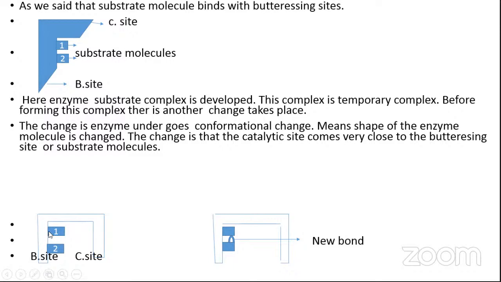See here, this is the buttressing site. It is as it is only. But this catalytic site is extending towards the substrate molecules, coming closer to the substrate molecules. This change happens before the formation of the complex.